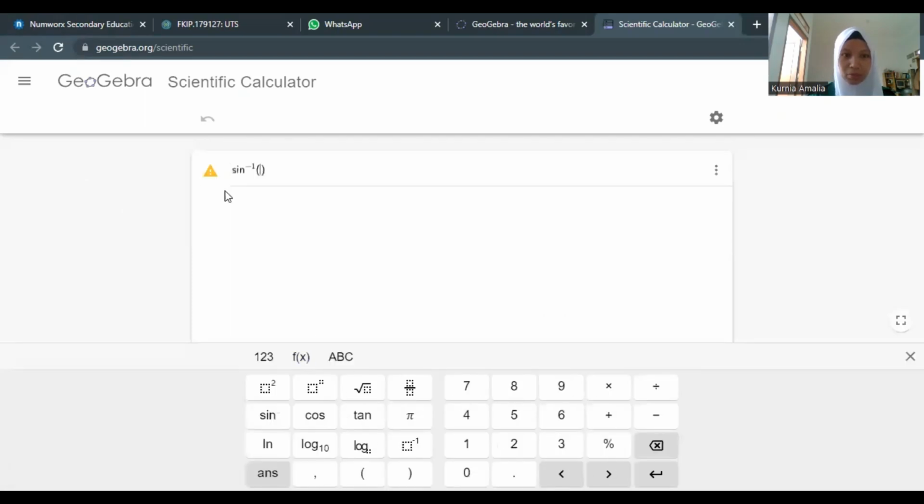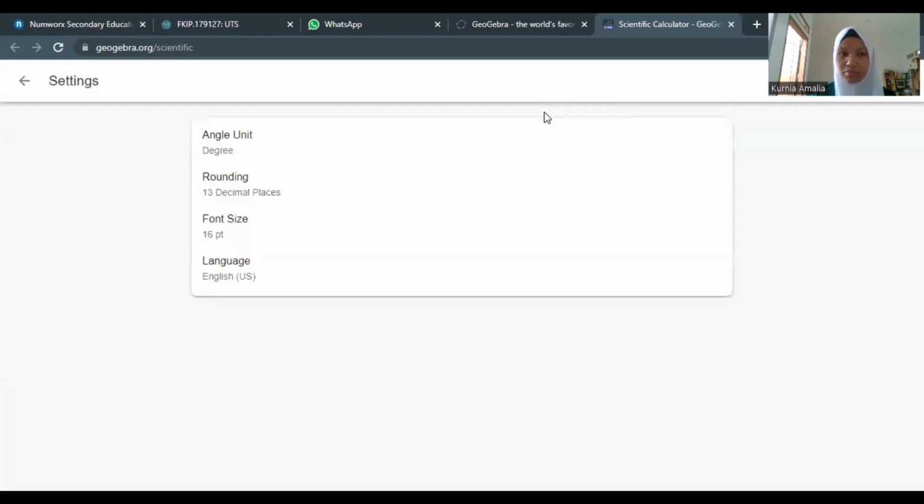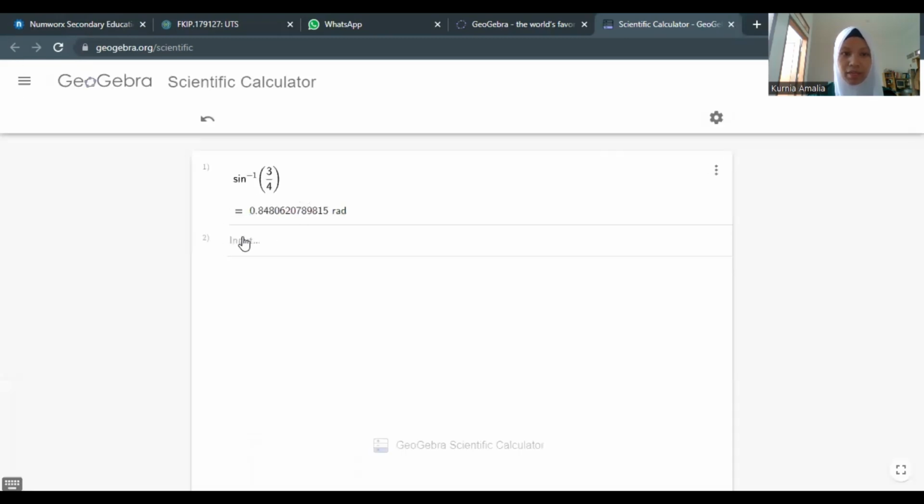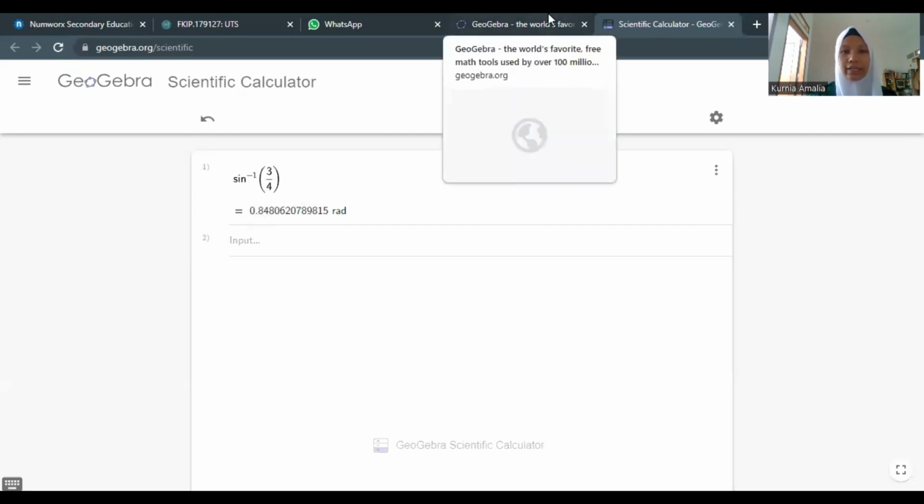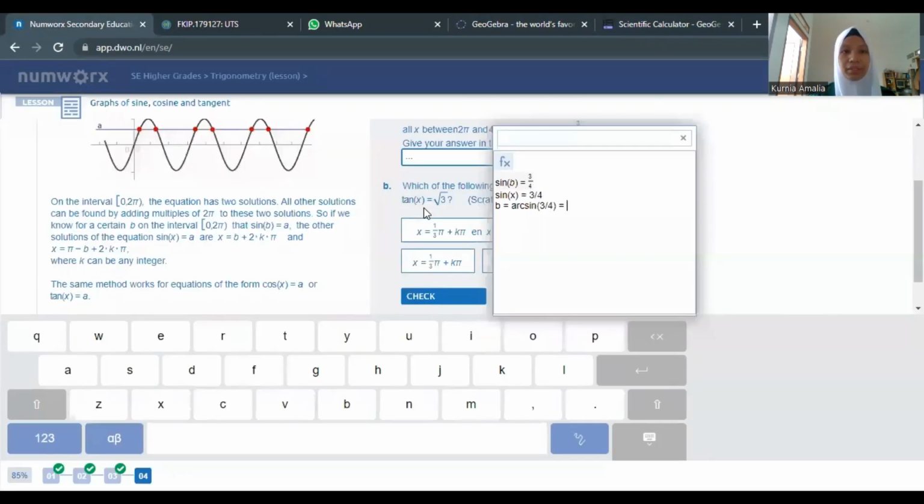So let's input 3/4, which equals about 48 degrees, or you can change the angle unit into radians. So we get 0.848 radians. Why are we using radians? Because pi is the unit of the radian.